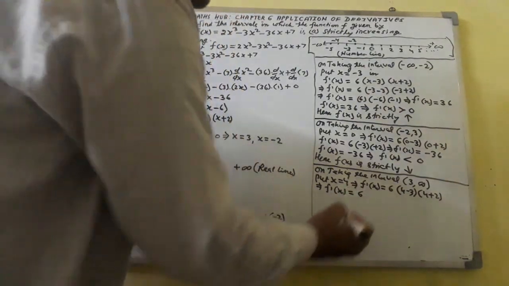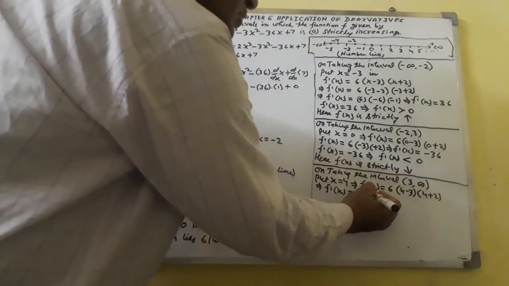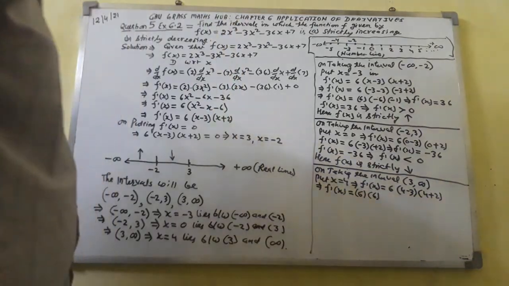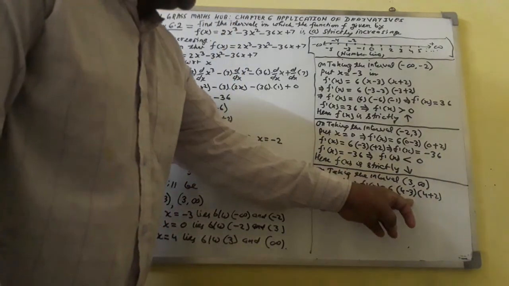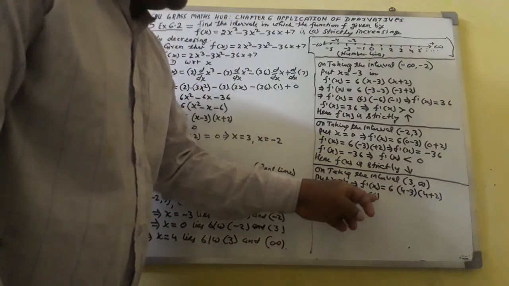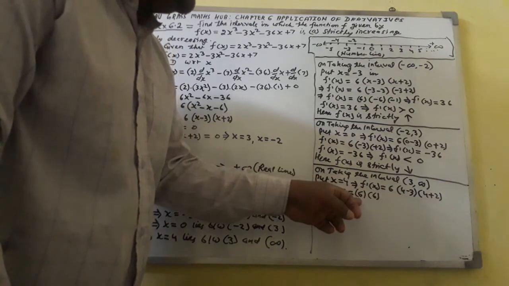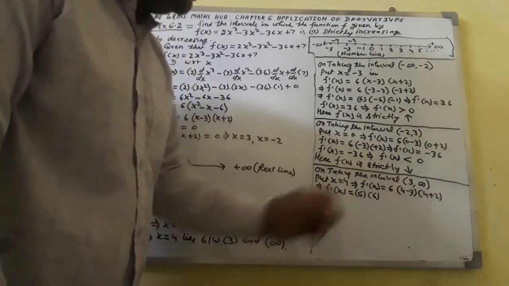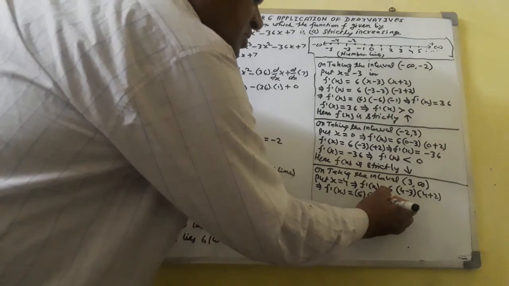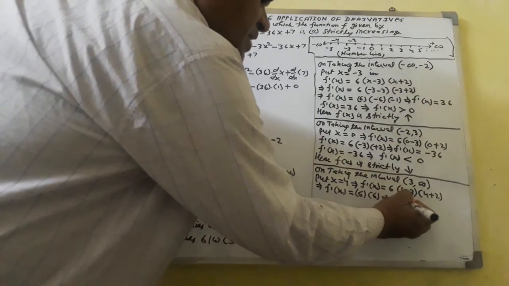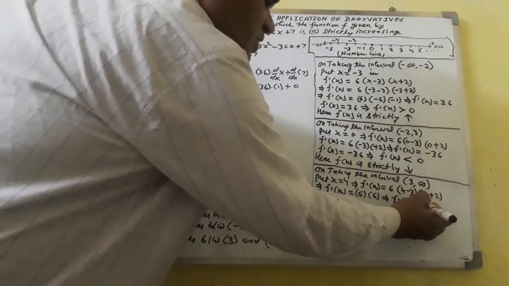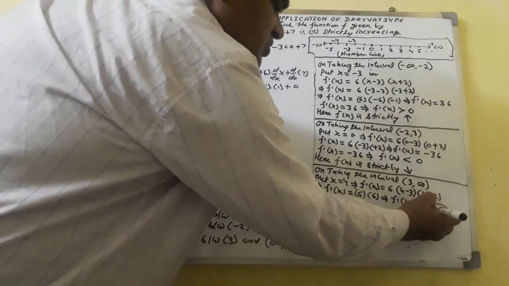6 and 6, 4 minus 3 comes out to be 1. 1 multiplied by 6 comes out to be 6. 4 plus 2 is 6. So we shall get here f dash of x comes out to be 36.